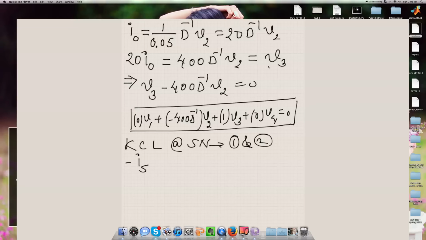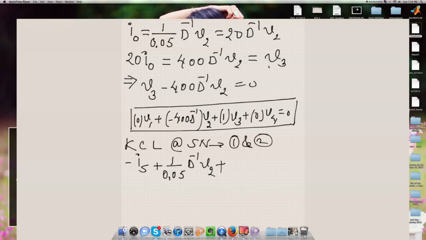What else? Then we also have the current flowing through the inductor 0.05, which is I naught. And so we could also write this as I naught, or simply 1 over 0.05 as we did before, actually, D minus 1 v sub 2, which is 20 (D minus 1) v sub 2. We're going to write that just a little bit later.